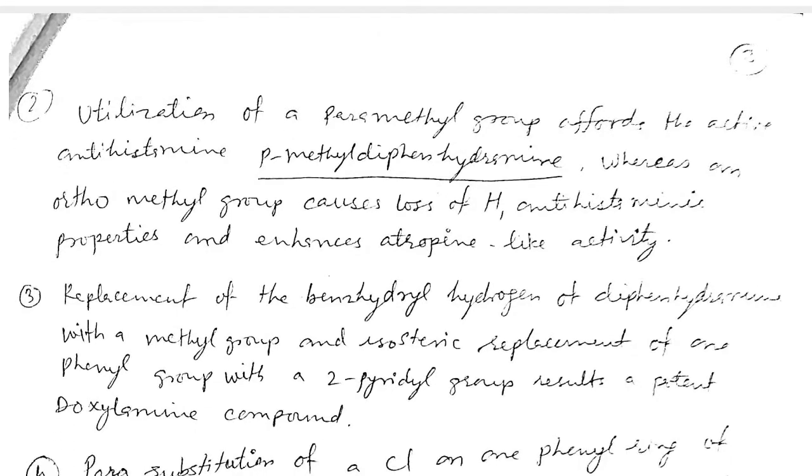A para-methyl group favors active antihistaminic para-methyl diphenhydramine, whereas an ortho-methyl group causes loss of H1 antihistaminic property, and hence atropine-like activity.